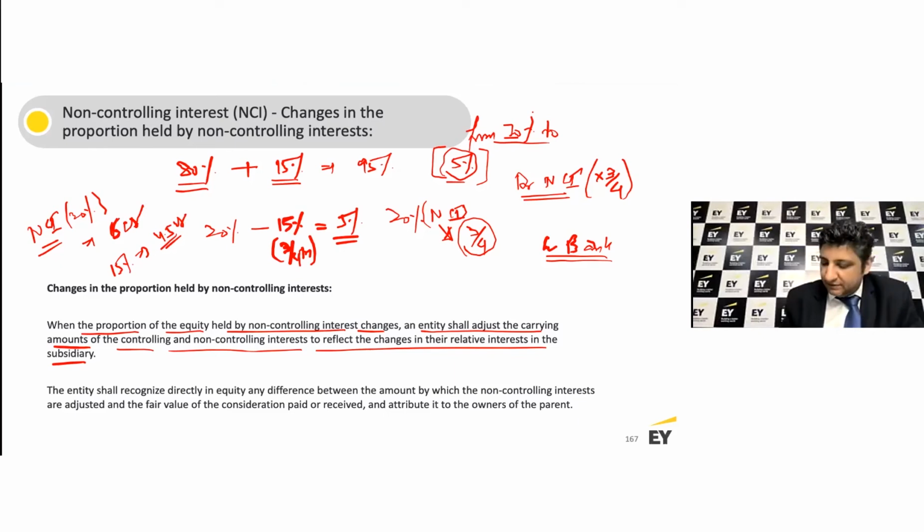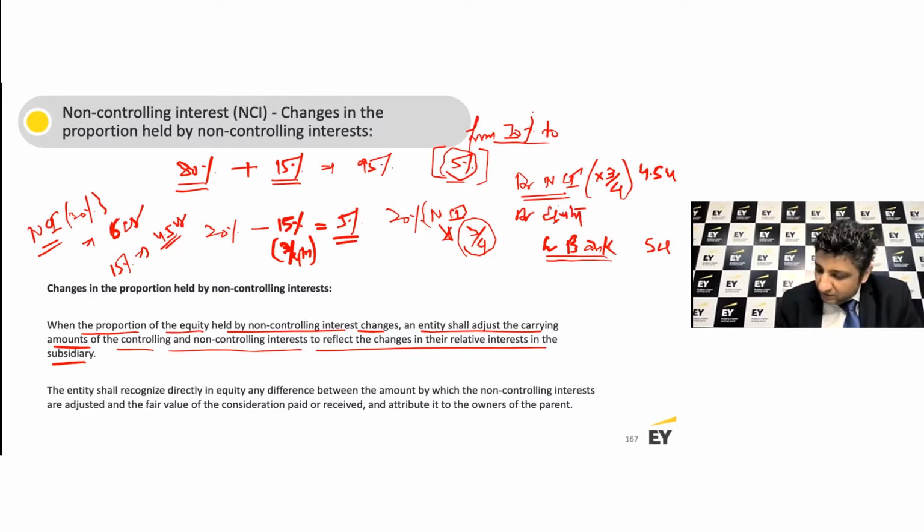So we debit that 4.5 crores, so that NCI remains at 1.5 crores. But let's say I'm paying 5 crores to acquire that 4.5 crore worth of NCI. That would simply mean an additional amount paid, which is a loss, right?